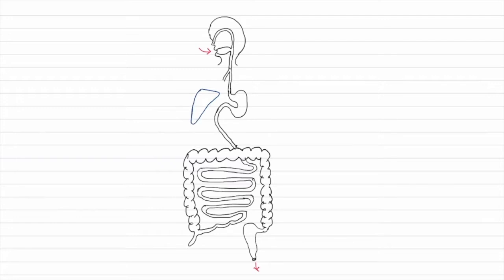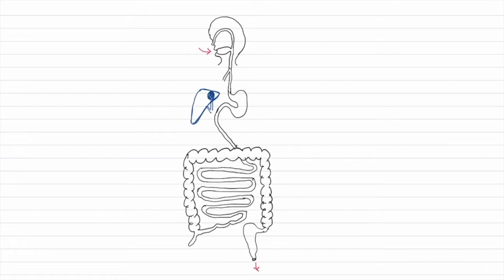Liver is the largest gland of the human body. It produces a pigment named bilirubin, known as bile pigment.